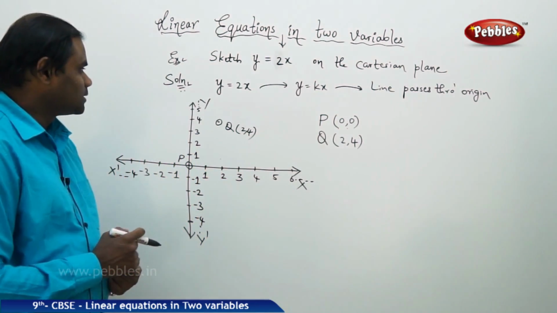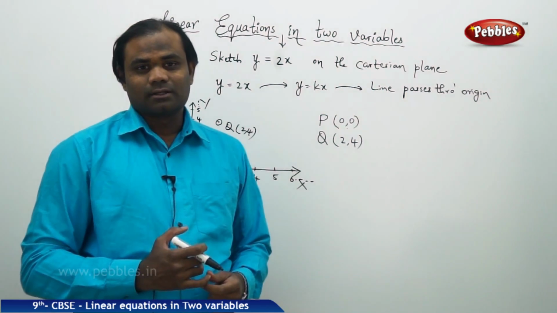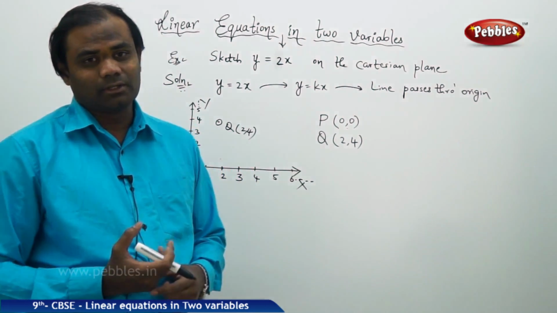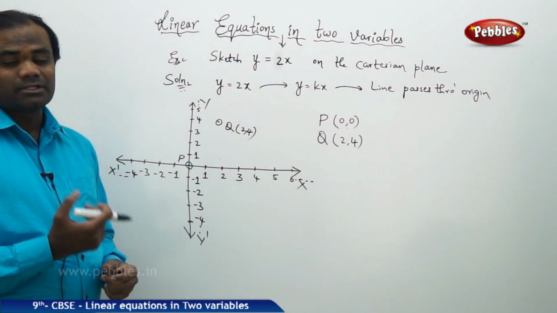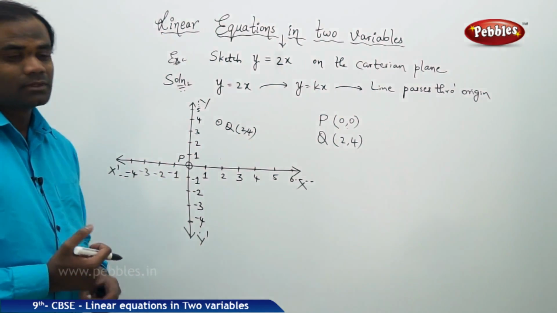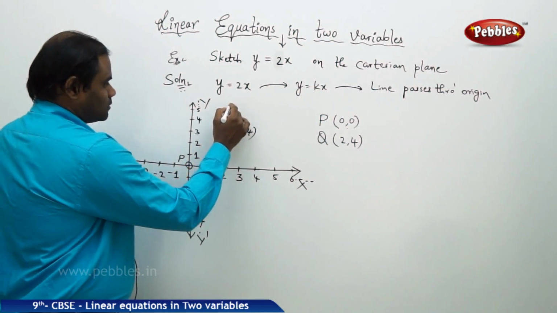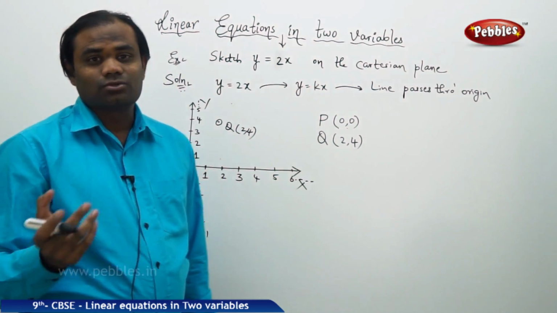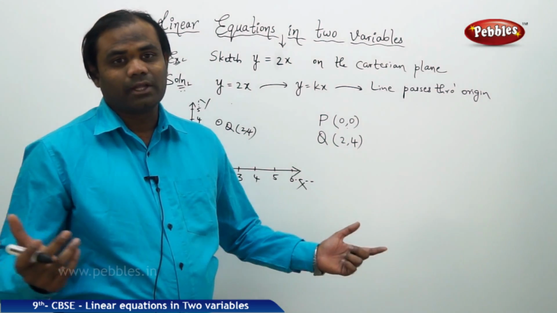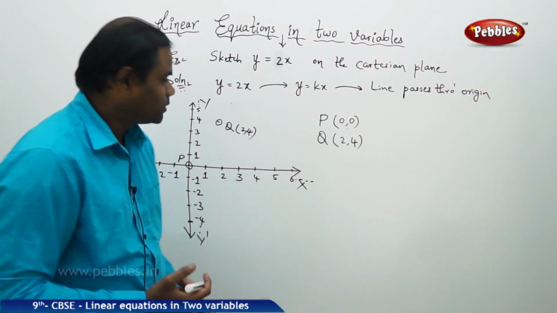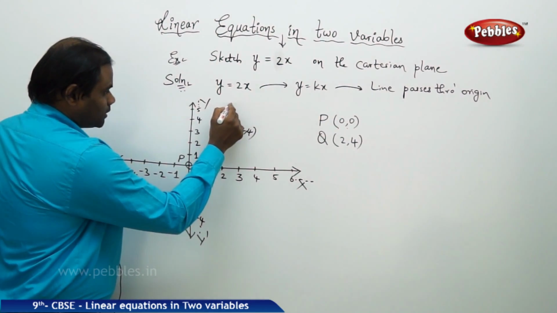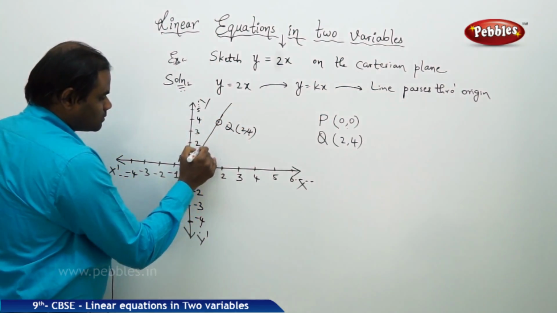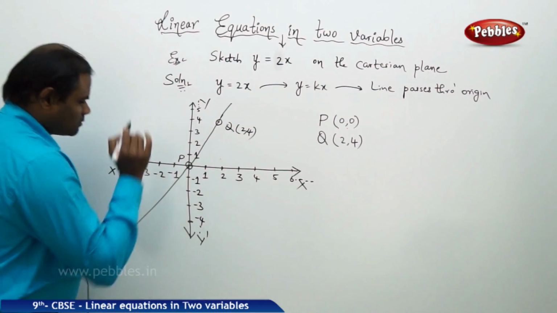Now, as we know, to draw a line, a minimum of 2 points are essential. Now that we have got the points P and Q in the Cartesian plane, it's about sketching the line. Sketching the line is about joining the 2 points and extending the line on either side. So here I just join P and Q and extend in this manner.